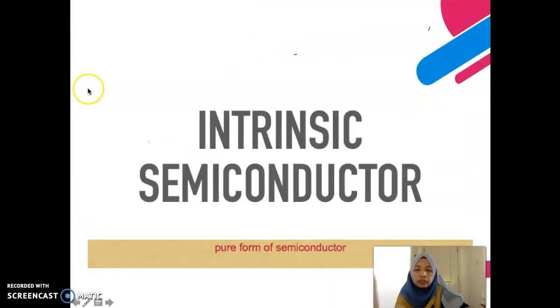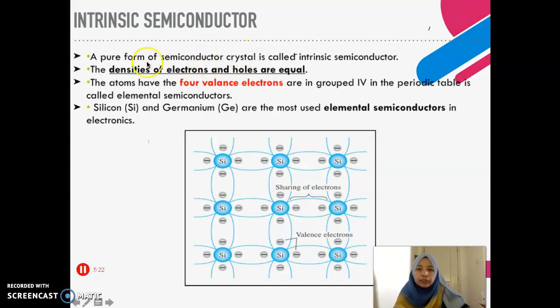Now, let's move to the two types of semiconductor. The first one we call intrinsic. The second one is called extrinsic. What does it mean by intrinsic here? It is a pure form. Means it will not be mixed with other material. It's only semiconductor from the group 4. So, intrinsic semiconductor is a pure form of semiconductor.